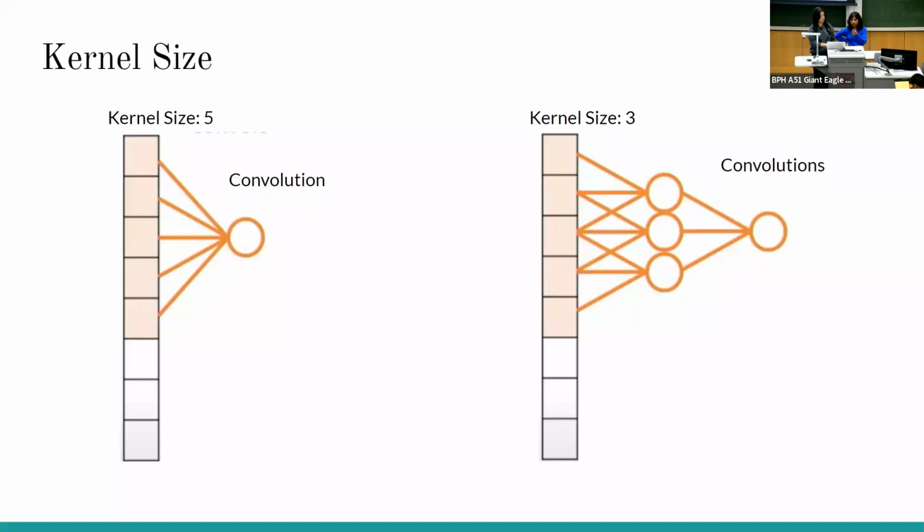You can imagine a neural network is just a convolution with a filter equal to the size of the image, the flattened image if you consider.